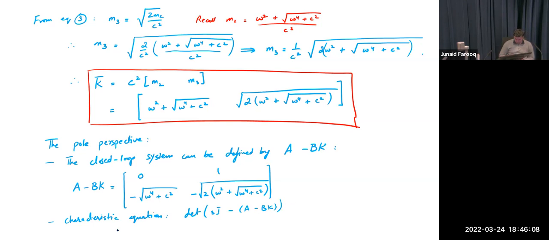So that will be s squared plus a big square root of 2 omega squared plus omega 4 plus c squared, times s, and then the last term will be omega 4 plus c squared, equal to 0. If you solve this for s, you basically get the poles of the closed loop system.